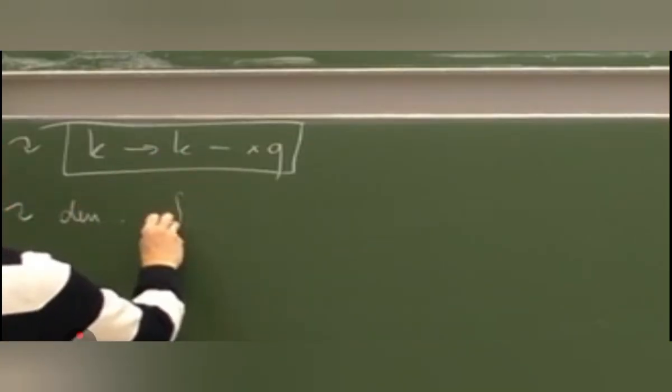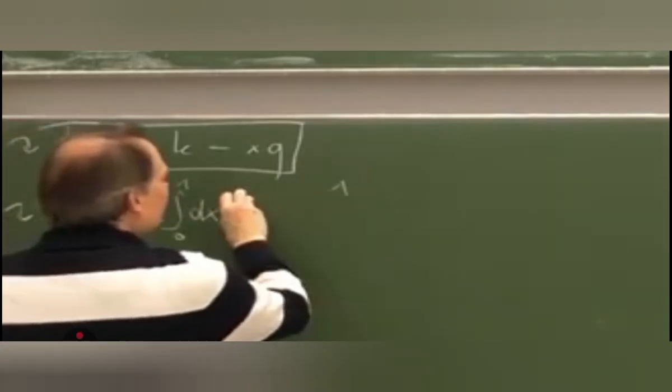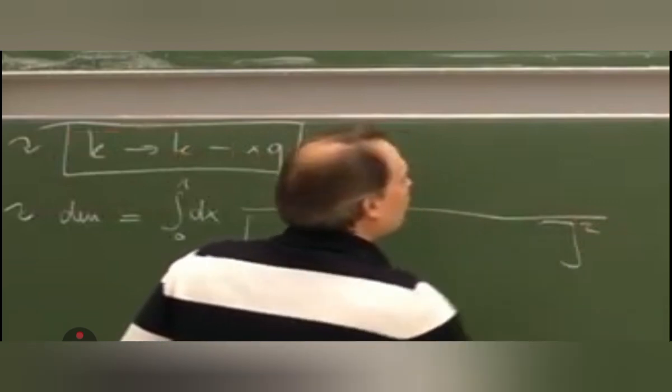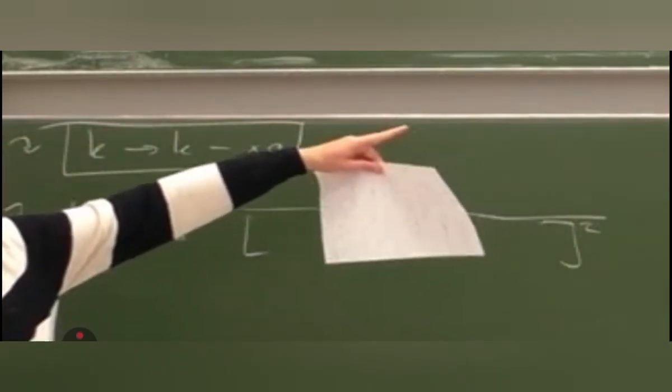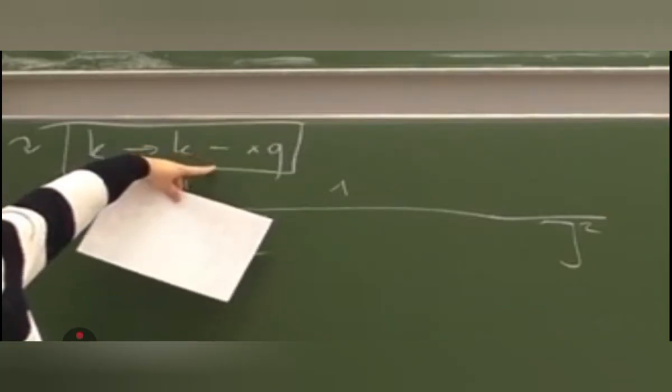And then our denominator in terms of the new k is now changed. In terms of the new k, our denominator is equal to the integral from 0 to 1 dx. And then what do we have? We have k square plus 2x k dot q. If we plug in this replacement, the linear term q dot k just cancels. It drops out between the two terms.